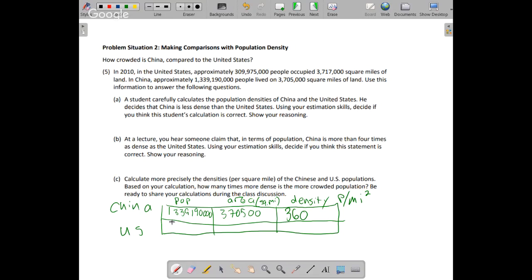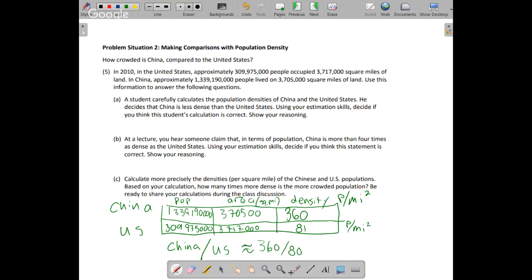We should have had a spreadsheet on this, shouldn't we? We'll try that next. So population was 309,975,000. Area in miles, not acreage, is 3,717,000. And we divide them, we get about 81-ish people per square mile. So if I want to compare how much more dense is China, I would take the China density and divide by the US density, which would be 360-ish divided by, let's call that 80.